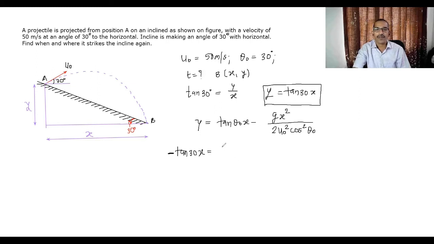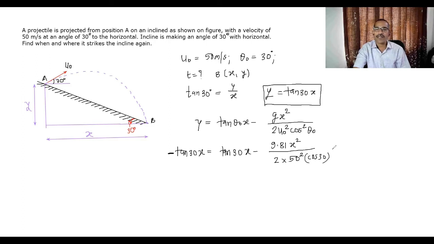So minus y equal to tan 30x minus 9.81 x square upon 2 into u0 square, that is 50 square, into cos 30 square. Tan of theta 0 is 30 degrees.